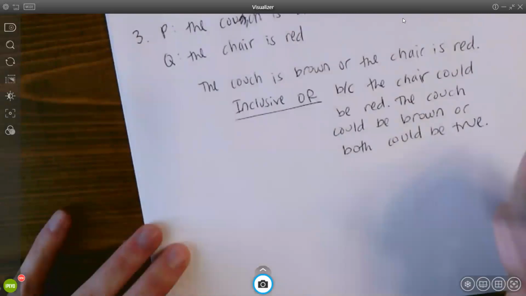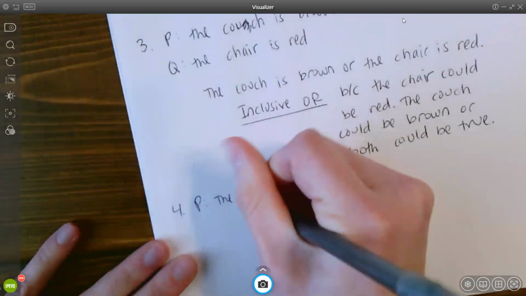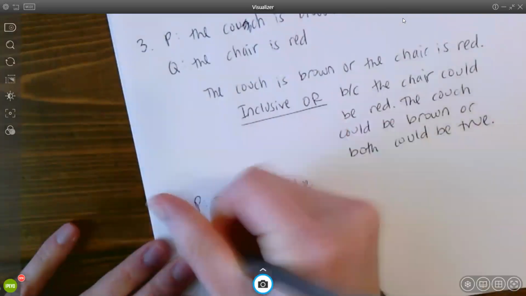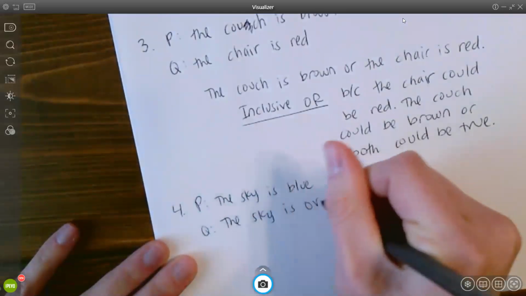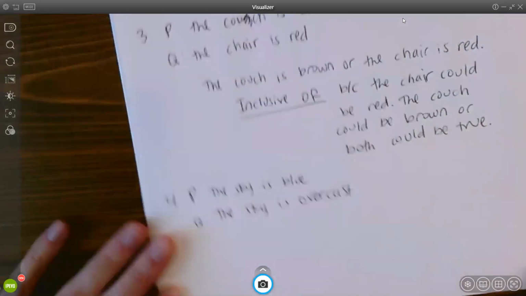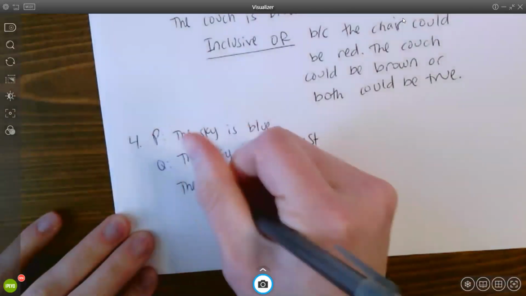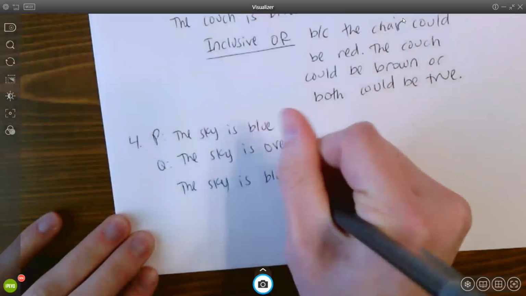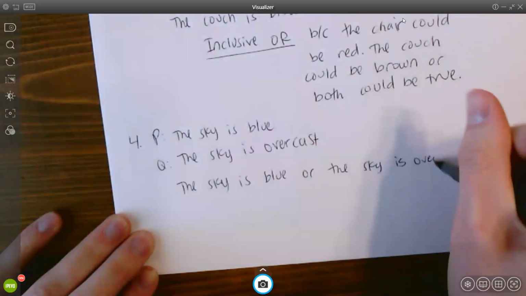Another example that I want to go over is if I say that P is the sky is blue, and Q, the sky is overcast. So, if we're not getting into this too scientifically, I would say the sky is blue or the sky is overcast.